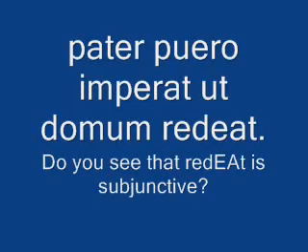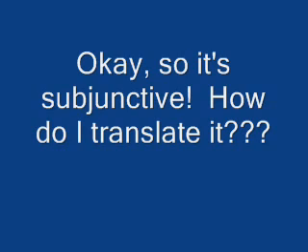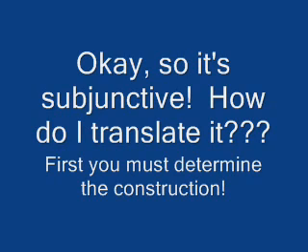Now, to the ut clause, ut domum redeat. First off, very easy to recognize as ut plus a subjunctive, yes? The issue here is how to translate it. You'll remember I said there is no formulaic translation for Latin subjunctives. Rather, it depends completely on the context. Therefore, you have to ask yourself before you translate the subjunctive, what kind of construction do I have?